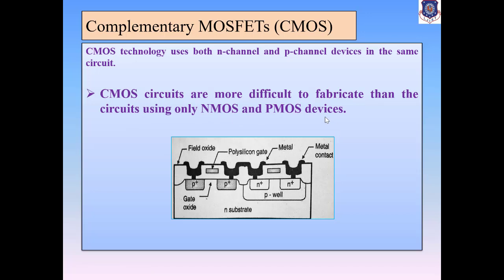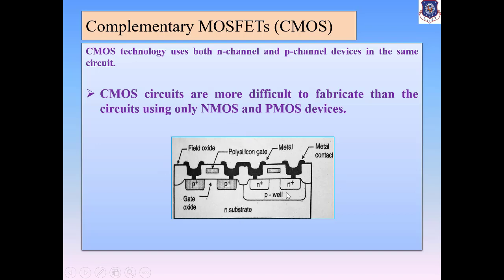That means the construction of the CMOS circuit, complementary MOS, requires us to design the combination of N-channel and P-channel devices, which is more difficult to fabricate compared to NMOS and PMOS devices alone.